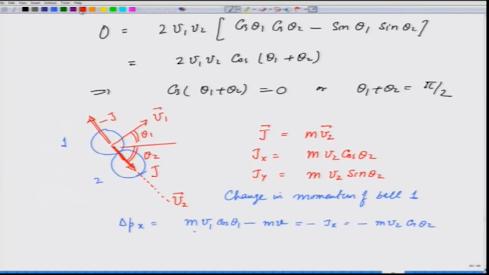If I cancel m, it immediately gives me the equation I used earlier, V1 cosine of theta 1 plus V2 cosine of theta 2 is equal to u.